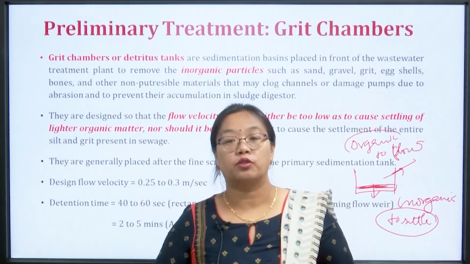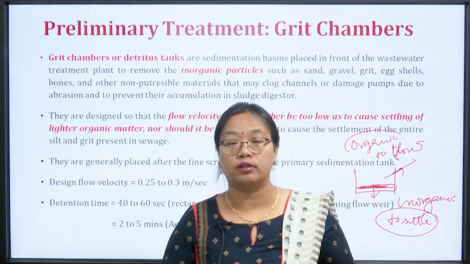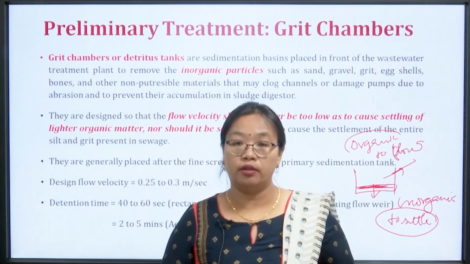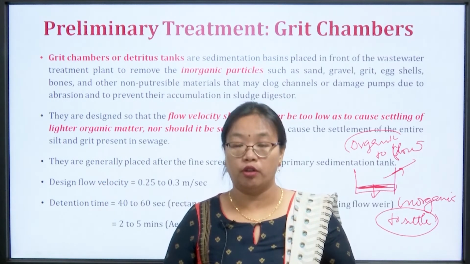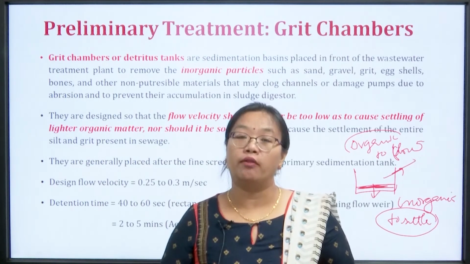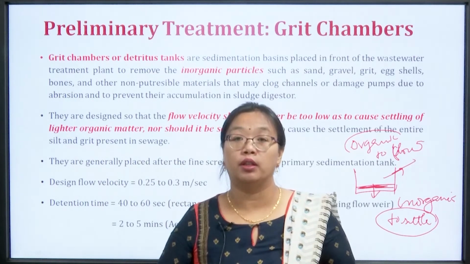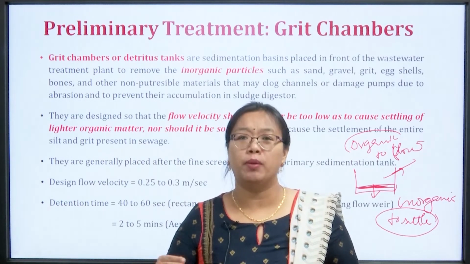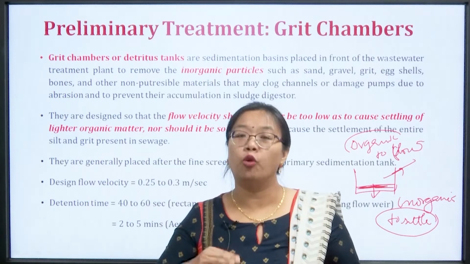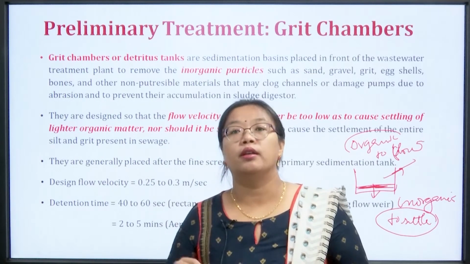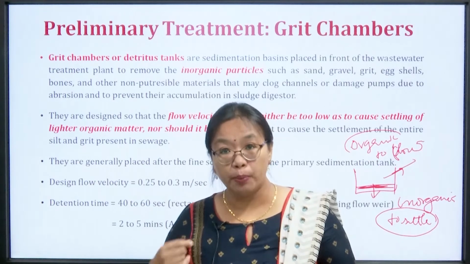Inorganic material like soil, rocks and silt is going to have a specific density of around 2.6 or 2.65, whereas the organic matter is going to have a specific density of maybe 1 plus, a little more than water, but lesser than this.